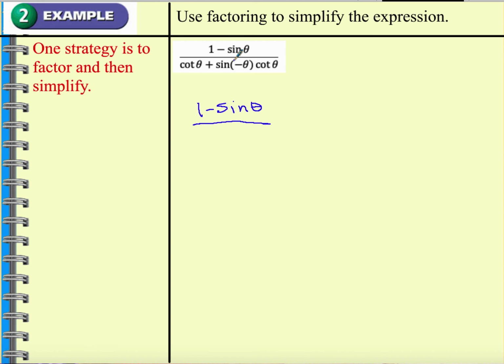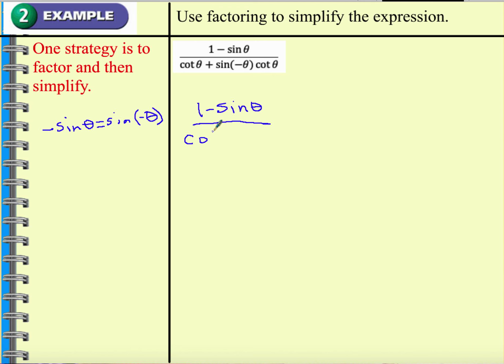I happen to know that the sine of negative theta is the same as negative sine theta. And this is from our prior lesson. So this is my odd identity, since sine is an odd function. So I'm going to rewrite my denominator using this particular identity.